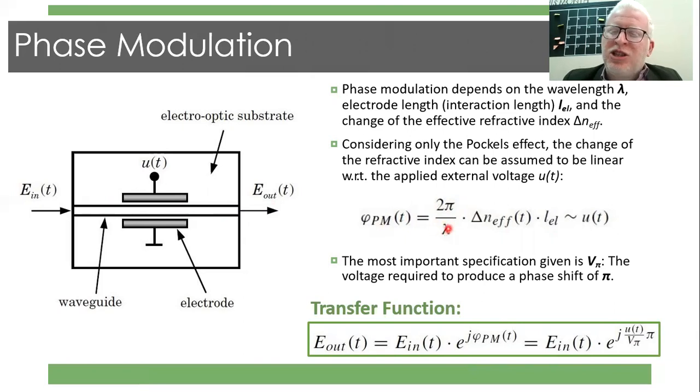And this lambda dash is equal to lambda over root epsilon r, where epsilon r is the relative permittivity of the material. So now you can substitute this lambda by lambda over root epsilon r, and you know that root epsilon r is n, so this is lambda over n, so you can put here n as a refractive index.